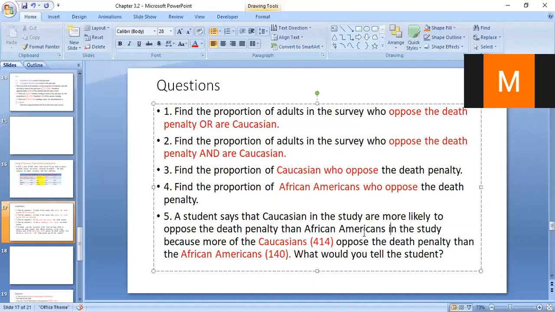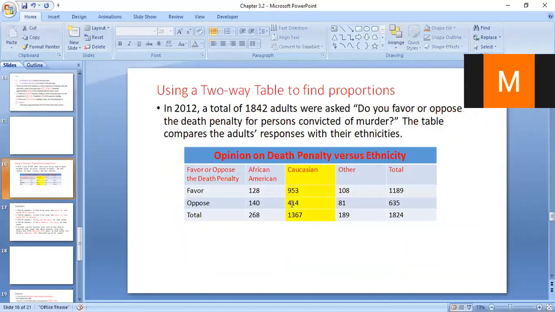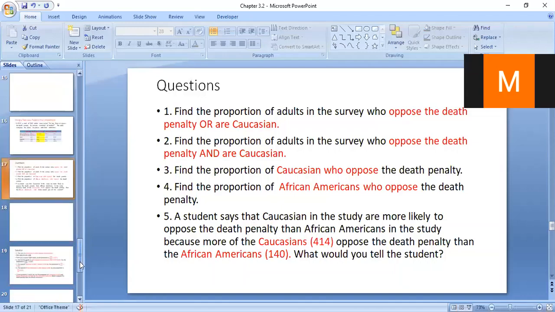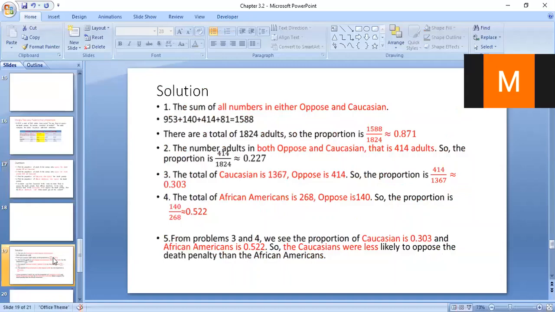Students say Caucasian uphold, this is 414, greater than 140. And the student calculated that. This is what you tell the student: uphold the penalty, but this is only in the survey. It's not all the African American. So that's why we cannot conclude this.